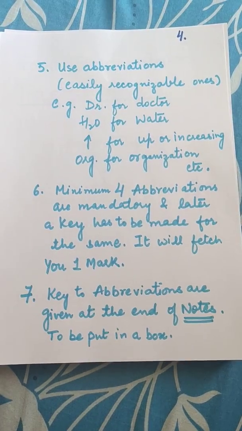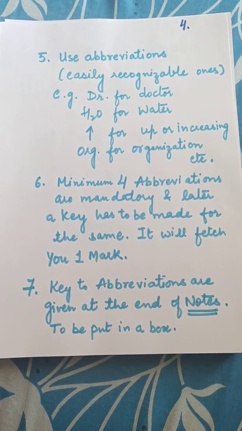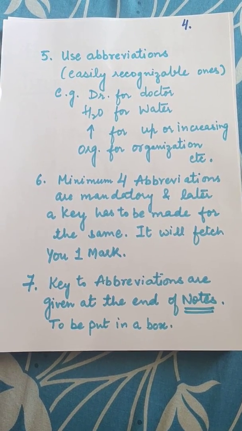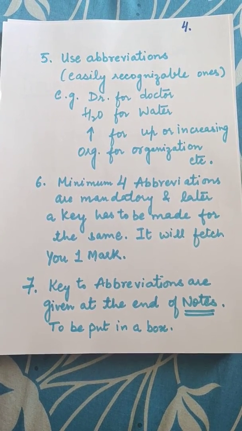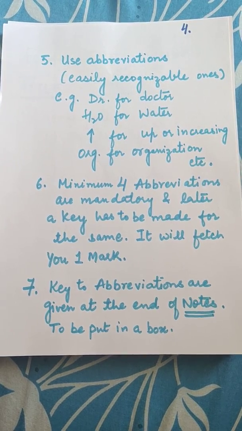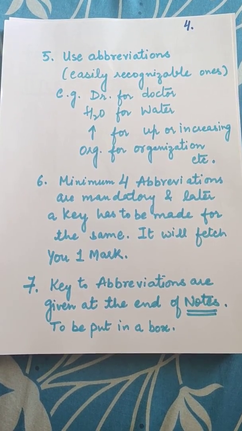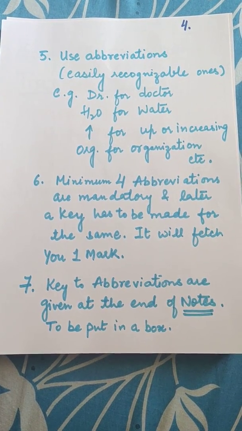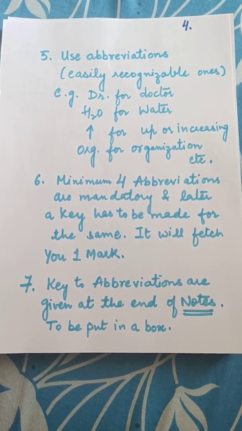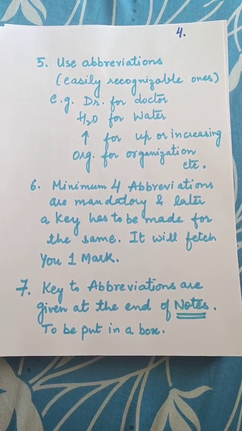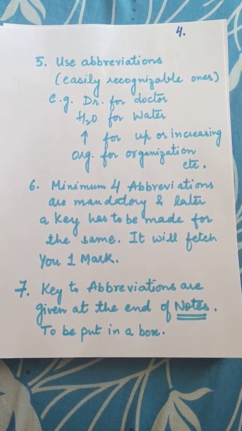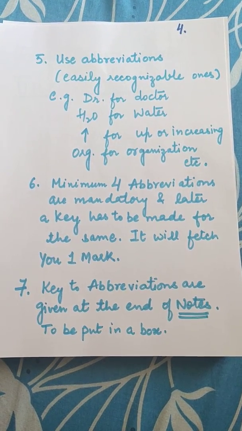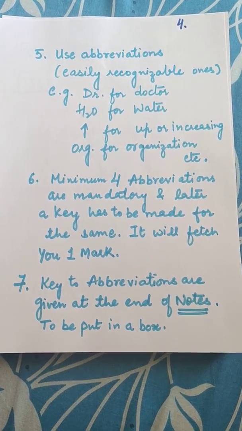Then use abbreviations. What are abbreviations? When a longer word is shortened. Use easily recognizable ones first. For example, you can use Dr. for doctor, H2O for water, an upward arrow for showing something going up or increasing in number, Org. for organization, and so on.